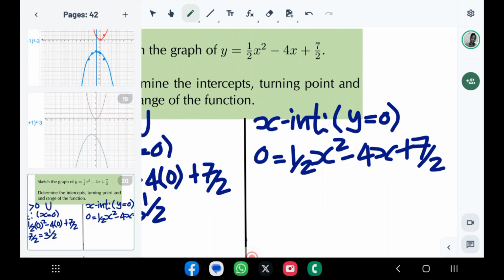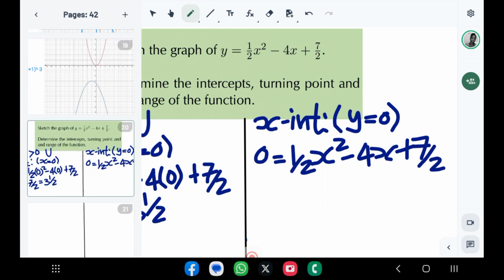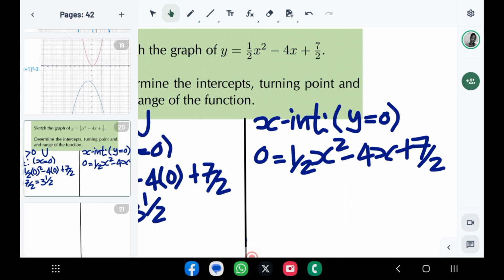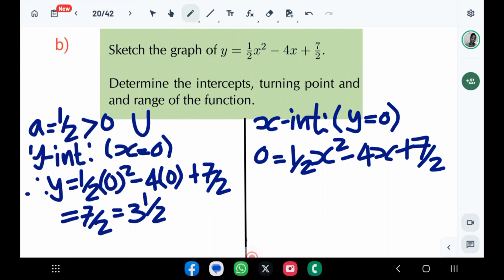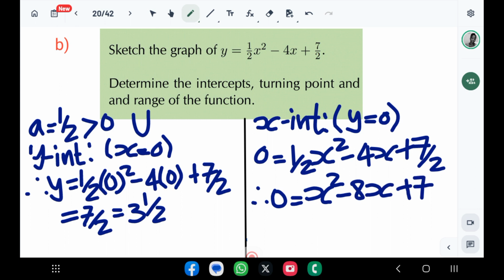What we need to do is multiply everything by 2 to get rid of the fraction. So that gives us 0 equals x squared minus 8x plus 7.